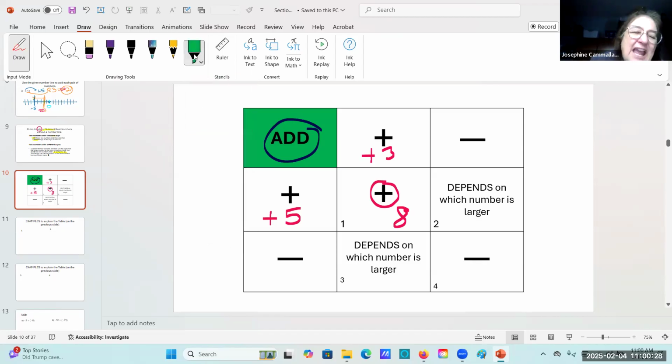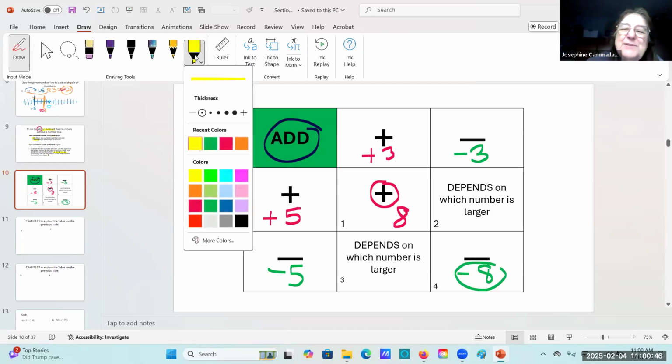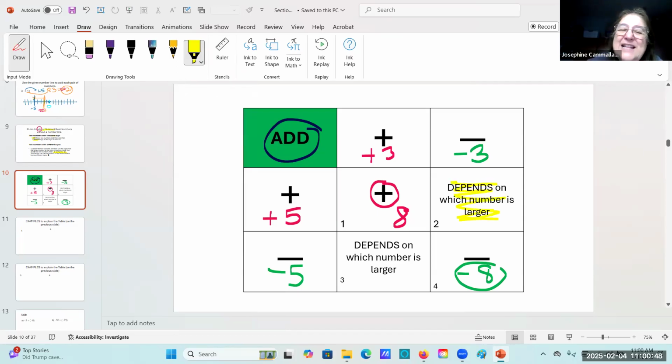If I have a negative 5 and a negative 3, this will give me a negative 8. Now, this is where the fun comes in. It depends on the larger number.